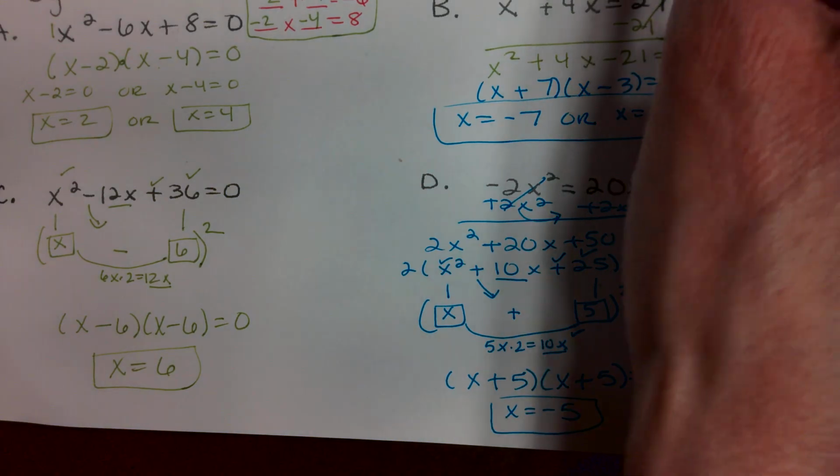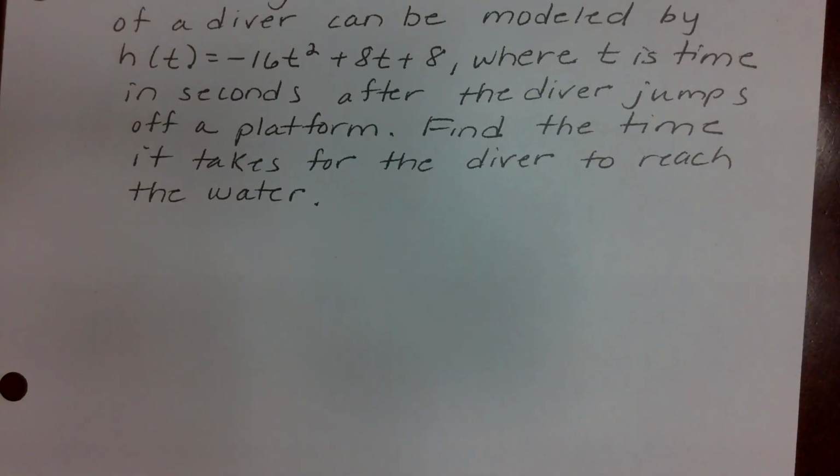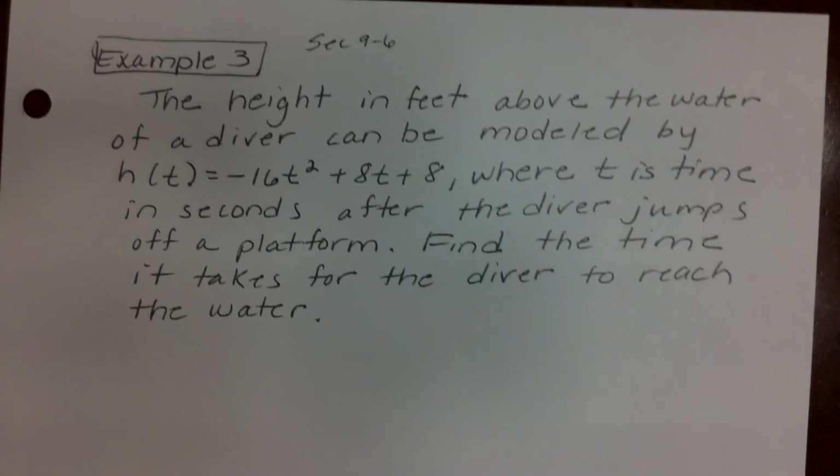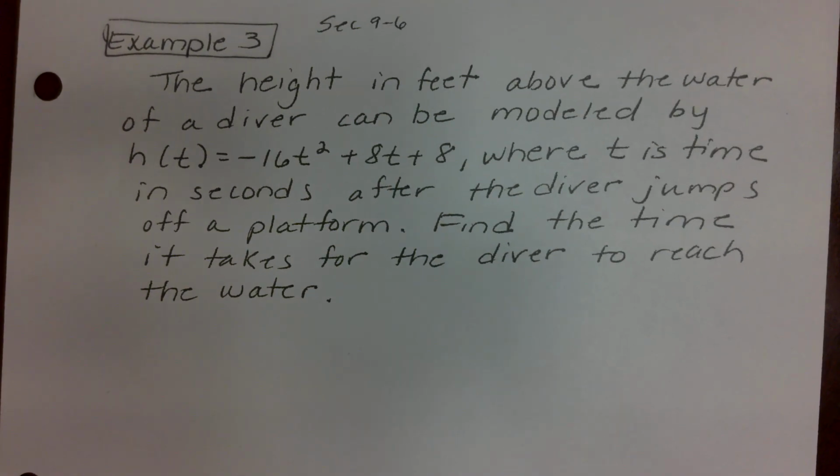All right. Now, there's one more question, and it's about the diver. Love the diving question. Picture them up on the high dive, about to dive off. Now, do they just kind of fall off, or do they run and jump into the air and then go down?